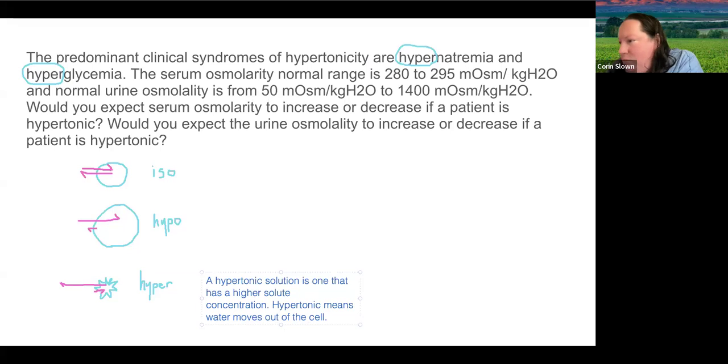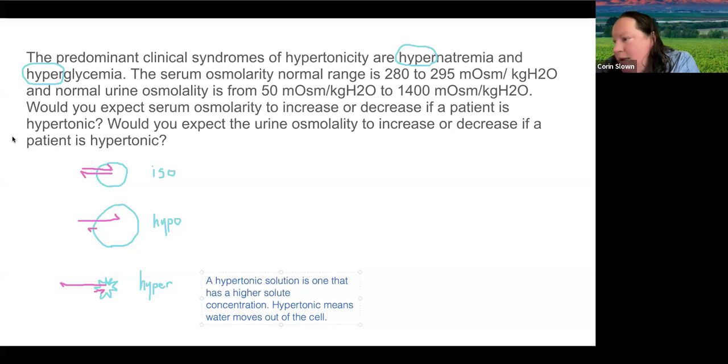Okay, so if we think about the information that we were given, our normal range for serum osmolality is 280 to 295, and then urine osmolarity is 50 to 1400. So normal conditions are things like water loss through sweat. Sometimes you can have that as gastrointestinal. So for our example of hypernatremia, an increase of sodium in the blood or extracellular fluid, that means that our serum osmolarity would increase.